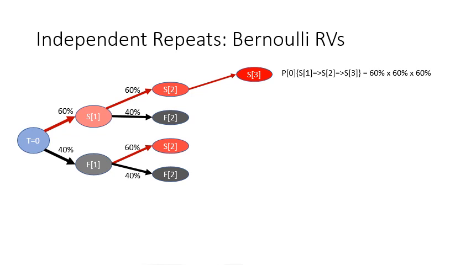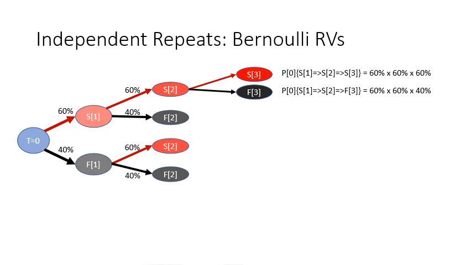So if you want to calculate the probability of this sitting at time 0, then we have the event that S1, S2, S3 follow each other. That is, success occurs at time period 1, followed by 2, followed by 3. So then the probability is just the product of the branches. So it's 60% times 60% times 60%.